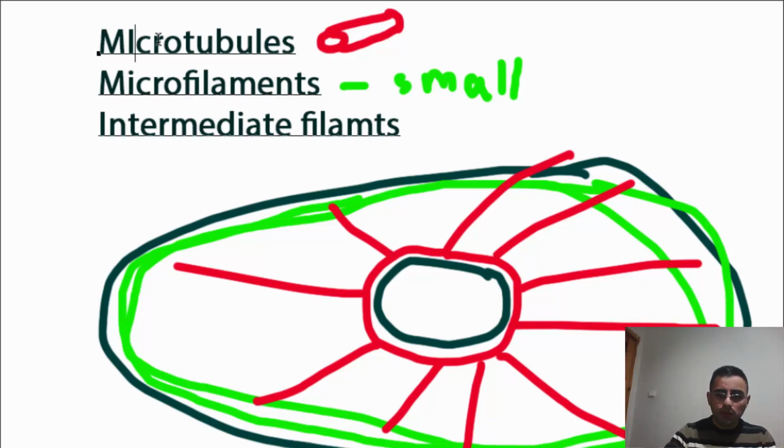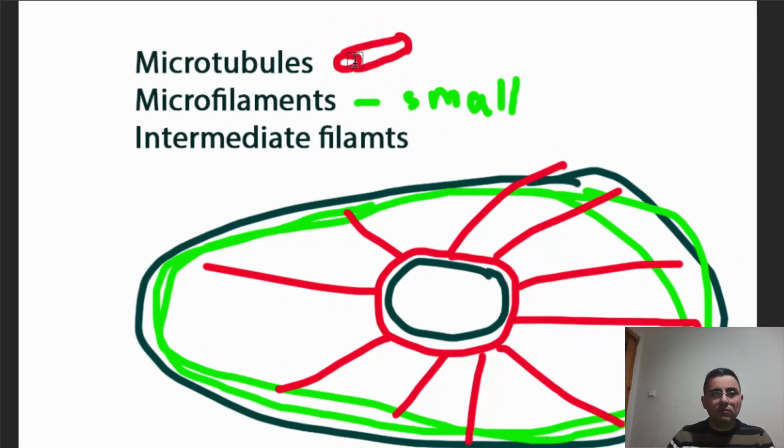Also, microtubules take part in the formation of axons, so they are very important in nerve cells. And microtubules vary in their length. They may be very long.